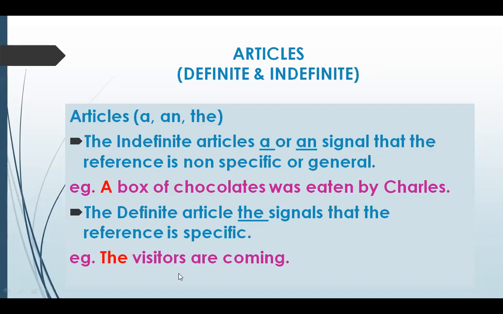Similarly, an is used with vowel sounding words like an apple, an ice cream, then an honest person. Now see the word honest: although it starts with a consonant, the sound that we are getting is of O. Here H is silent, and that's why we use article an with it, because we are getting the sound of O, not of H, and that's why an is used here, right?